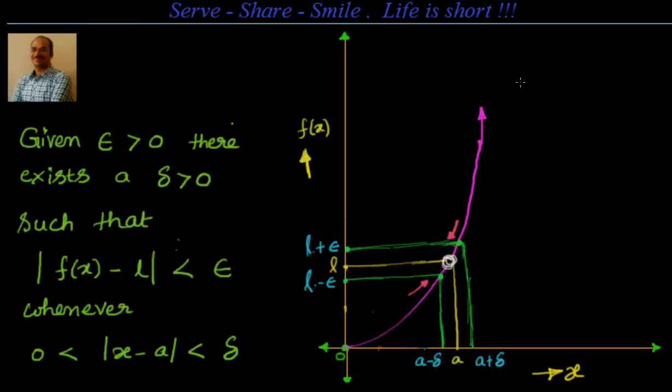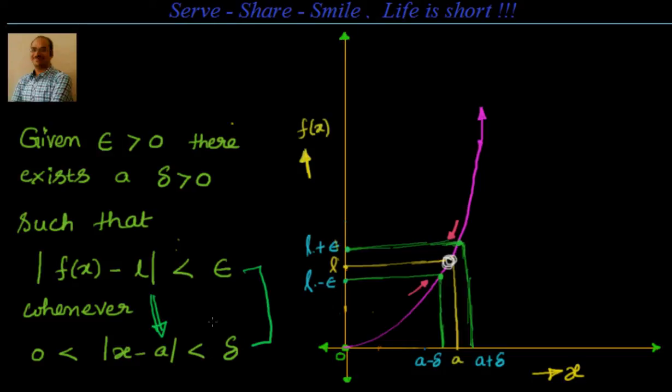When we want to prove by the delta epsilon approach, we take mod of f of x minus L less than epsilon and try to transform that into the form of mod of x minus a less than delta, so that we can establish a relationship between epsilon and delta. Once we have the relationship, we go ahead with the proof.